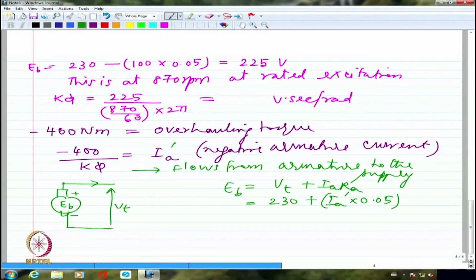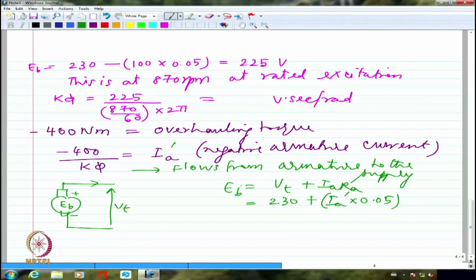If you cannot decrease the terminal voltage, what are you going to do? The only way it can happen is if your armature back EMF becomes higher than the terminal voltage. That has become higher probably because it is pulled down by gravity. That's it. You will get this EB value to be very clearly greater than 230 because it is VT plus IA RA.